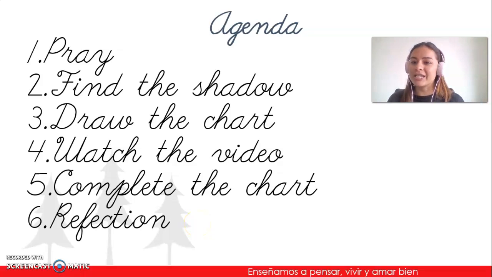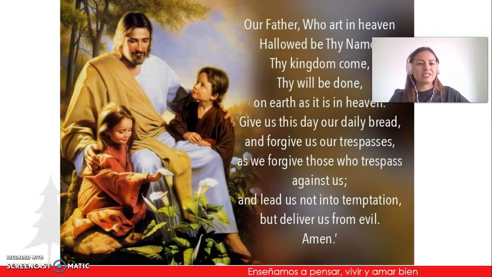The agenda for today is praying, find the shadow, draw the chart, watch the video, complete the chart, and finally the reflection. So let's begin with the first part, which is the most important.